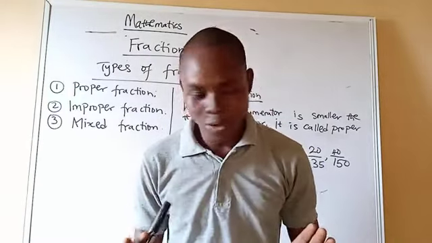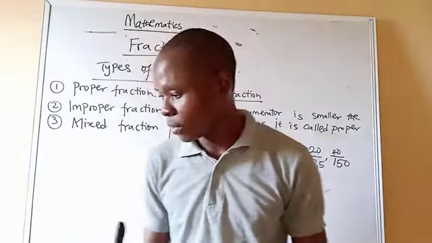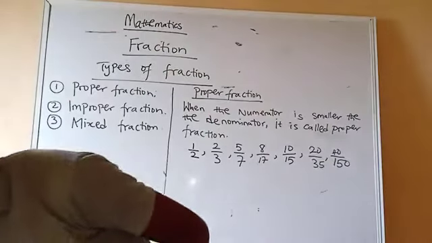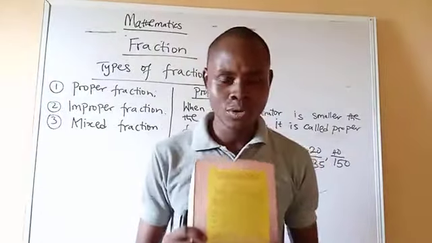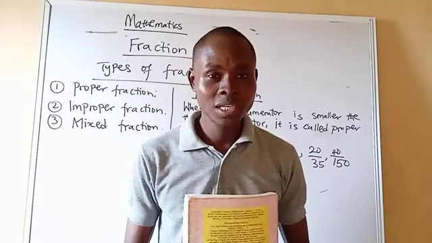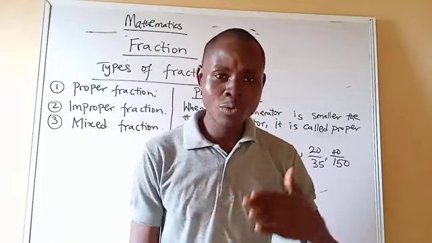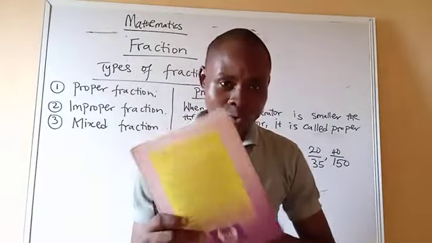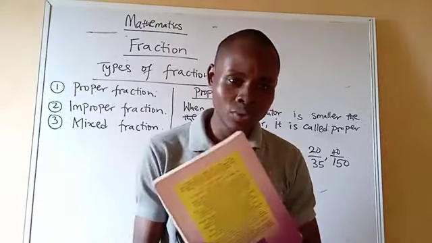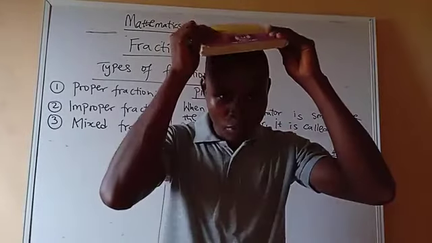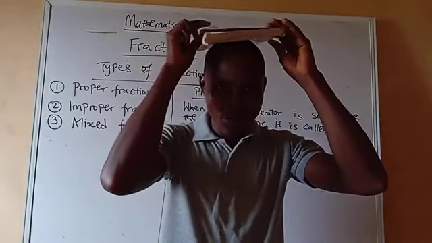Very simple illustration. I have a book. This is a textbook. If you check the weight of this textbook, my weight is bigger than the weight of this textbook. So let me say I put this textbook on my head.